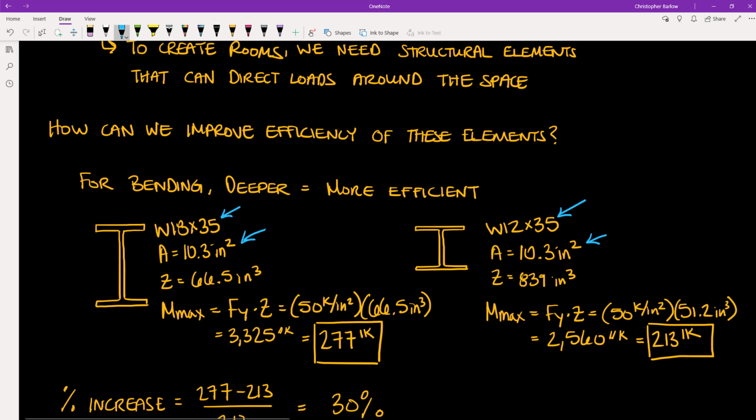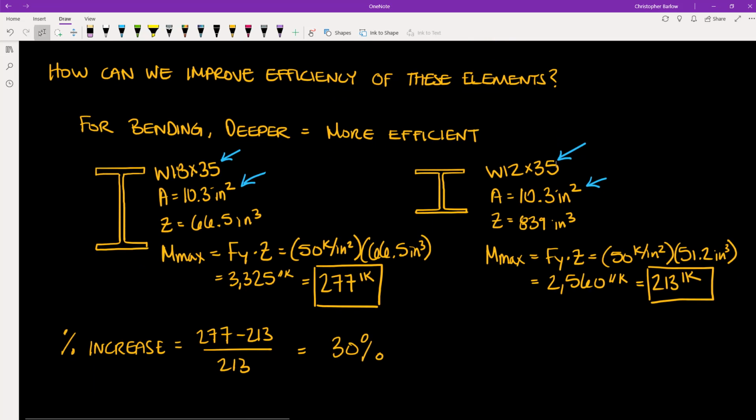So they have the same amount of material. But the W18, which is just 6 inches deeper than the W12, has 30% more capacity than the W12. So when it comes to structural efficiency, for elements resisting perpendicular forces, deeper is better, a lot better, especially when you start to consider deflection.